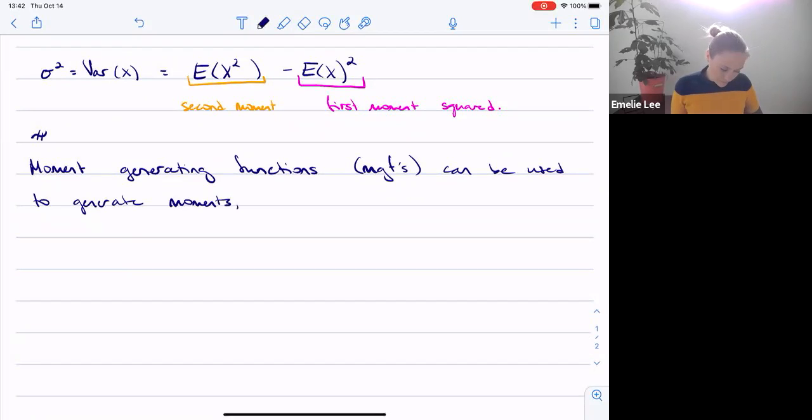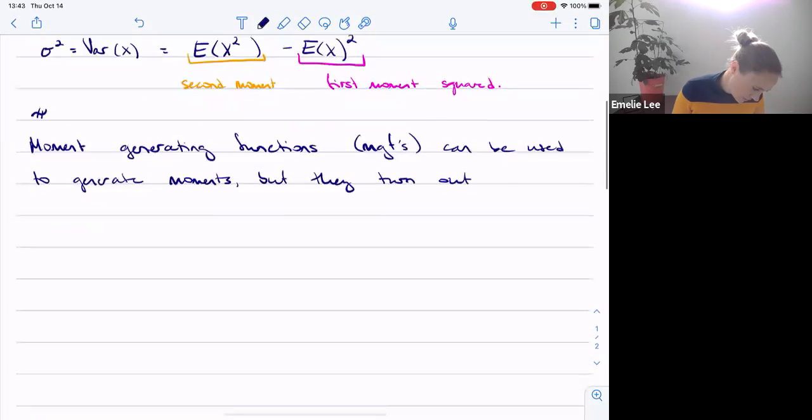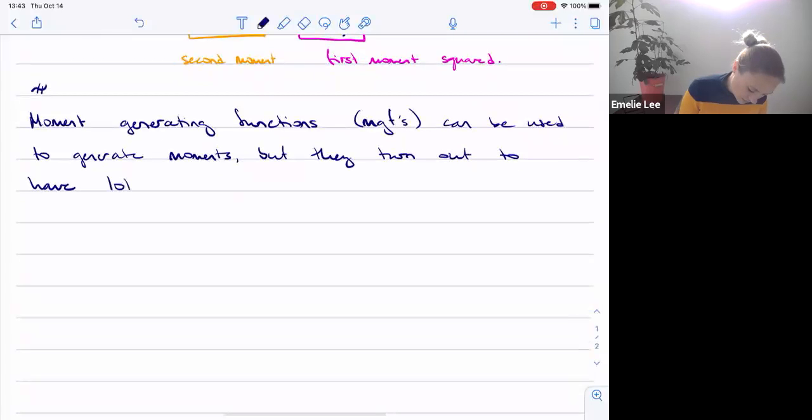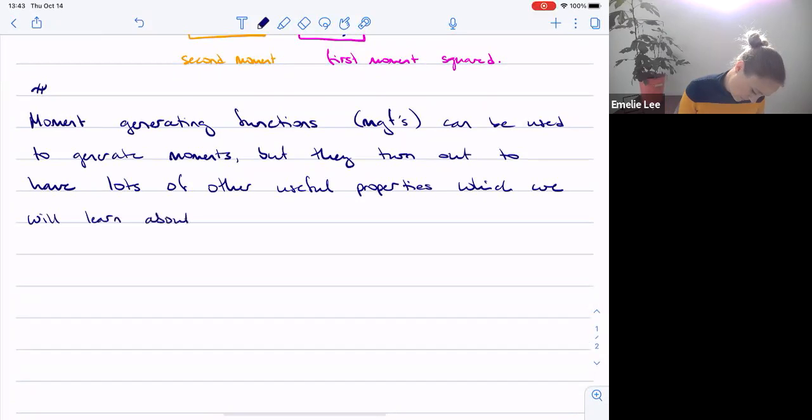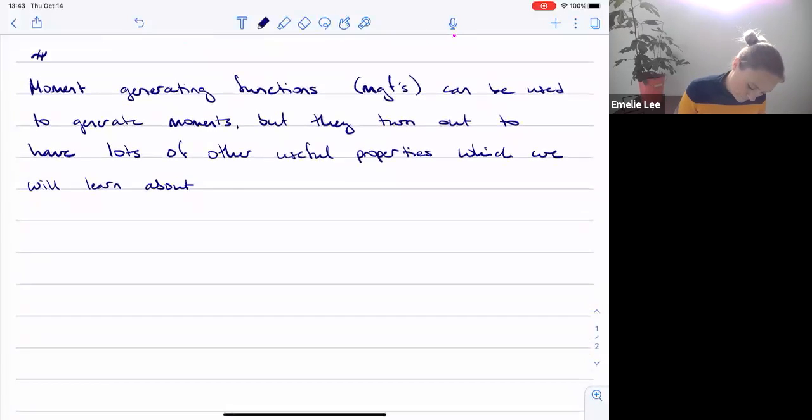But they turn out to have lots of other useful properties, which we will learn about as the semester goes on.